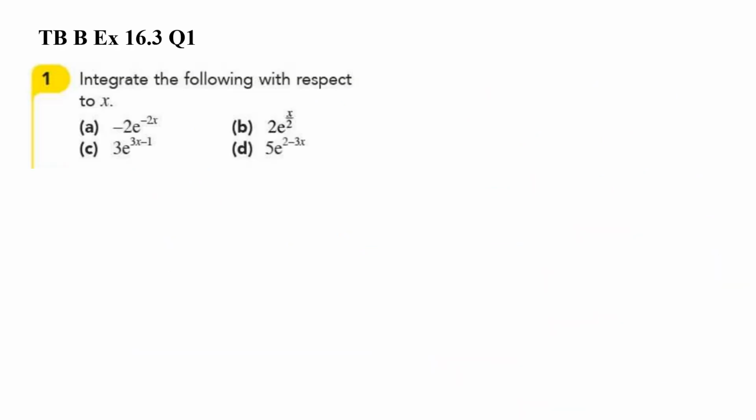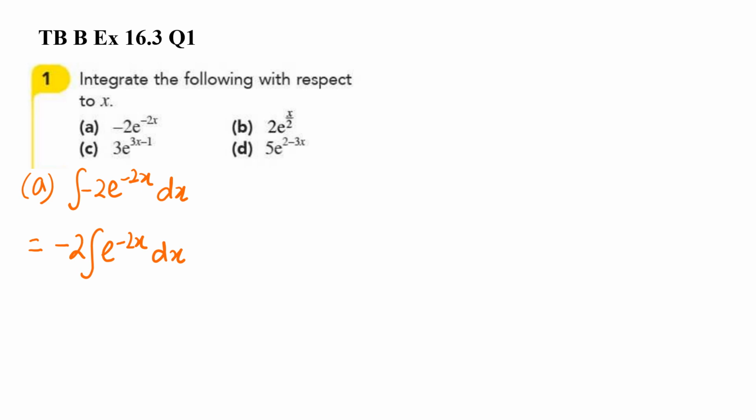Having learned the concepts of how we can integrate exponential functions, let's put it into practice. Let's look at 1a. You can just pull out your -2 because it's a constant. Now, integrations or differentiations of exponential functions are rather easy. Whatever you see, you just write it down. For integrations, whatever you see, you write it down, then you divide by the differentiation of the power.